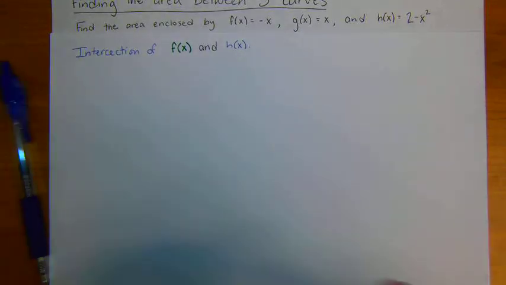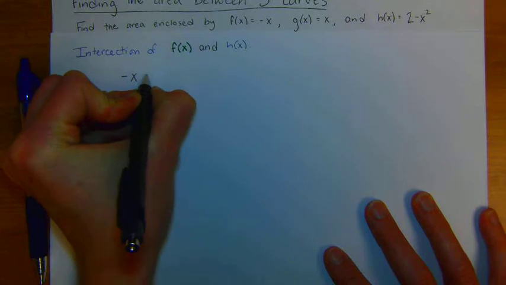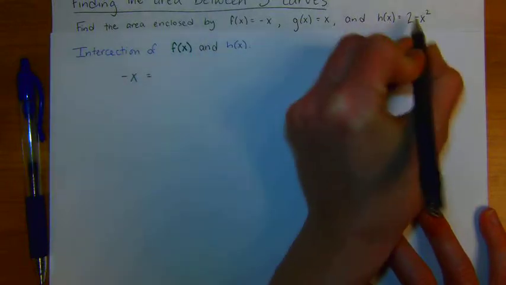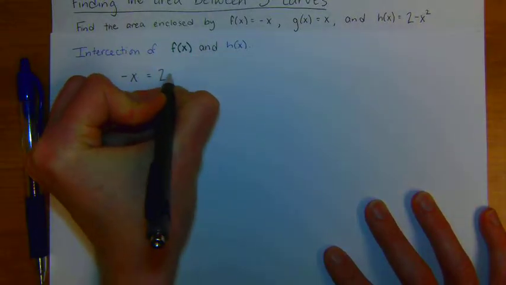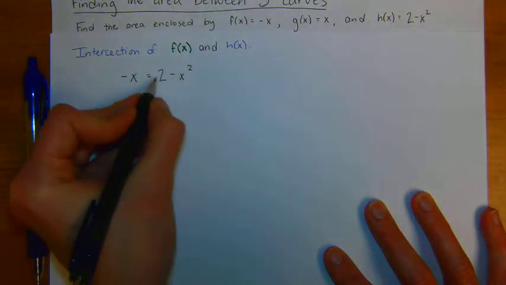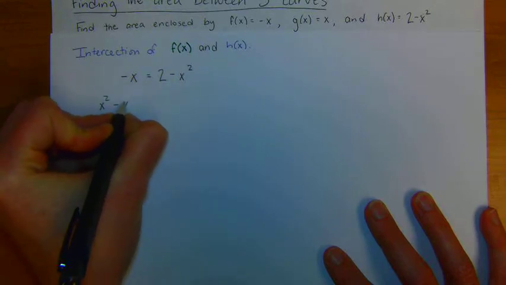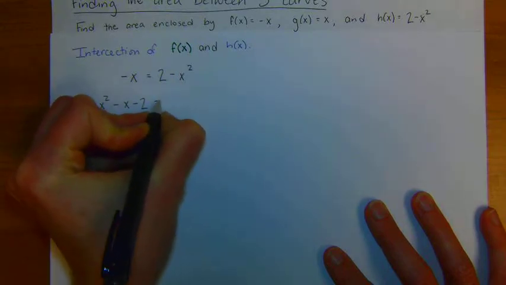So we're going to set these 2 functions equal to one another. I see that -x is set equal to the h of x curve, which is 2 minus x squared. I add x squared to this side and subtract 2, and I get x squared minus x minus 2 is equal to 0.